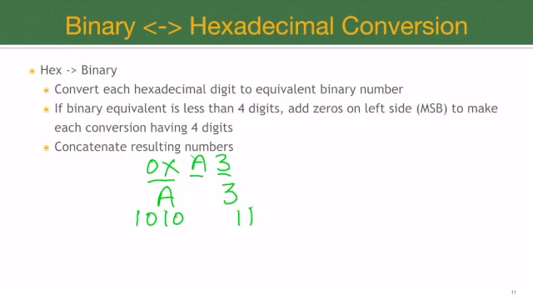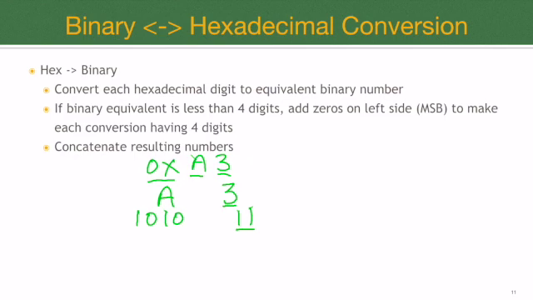Next, if the binary equivalent is less than 4 digits for any specific hexadecimal digit, then add zeros on the left side to make each conversion have 4 digits. So I'll start with hexadecimal digit 3. I converted it into its binary and I have got 2 digits in the binary.